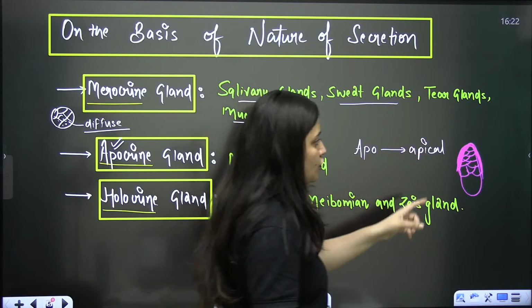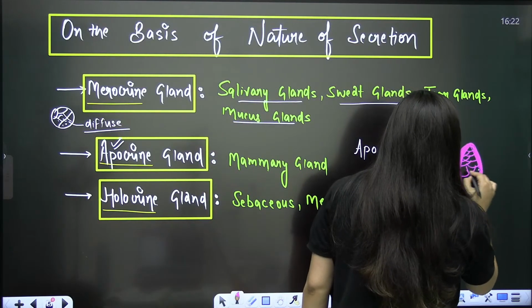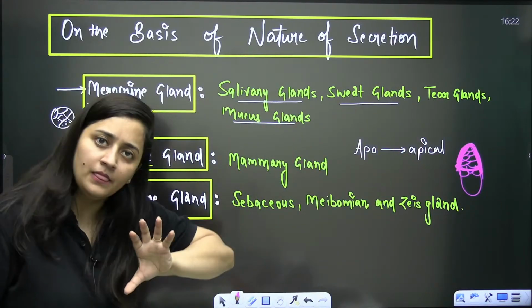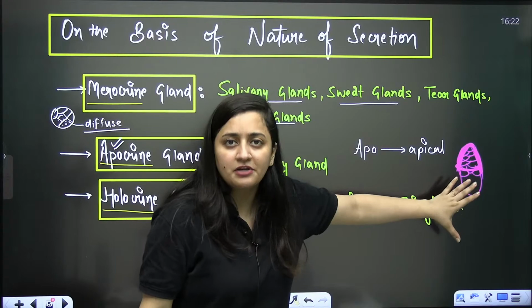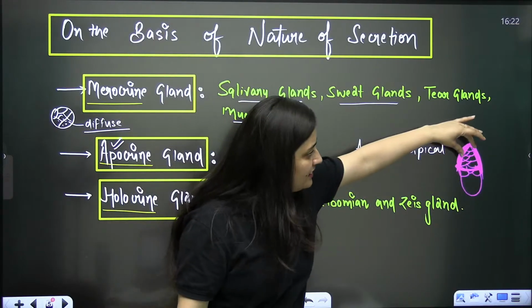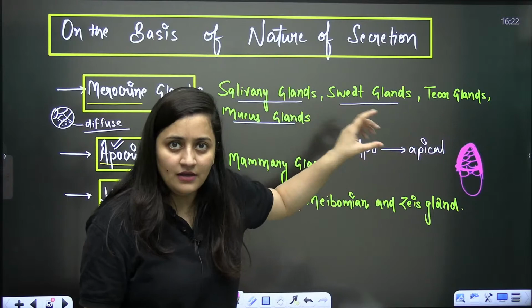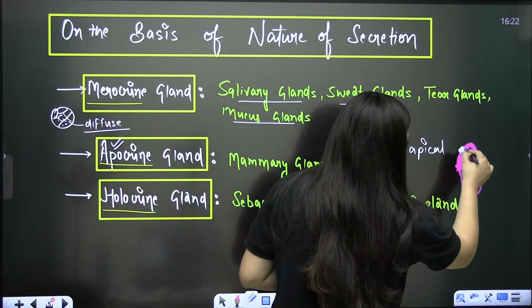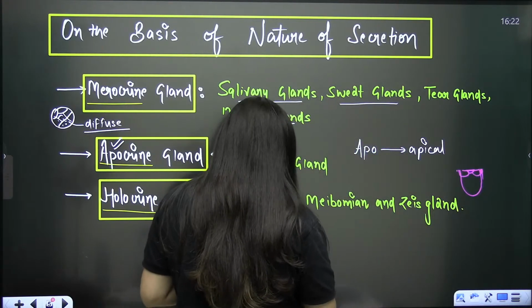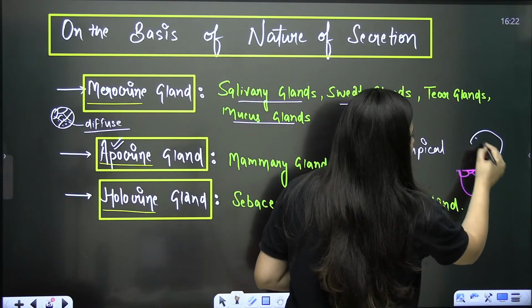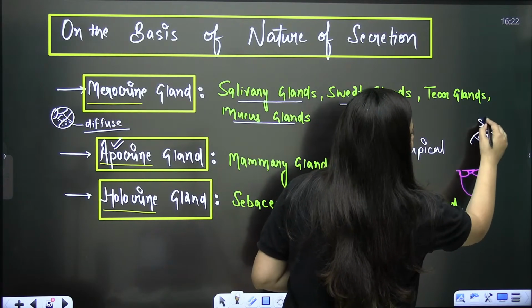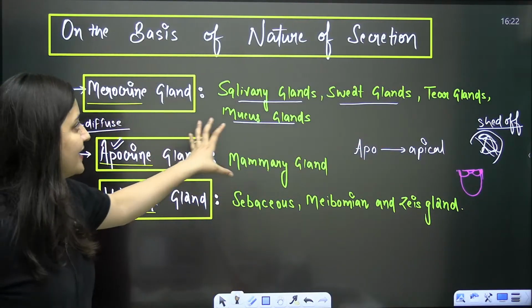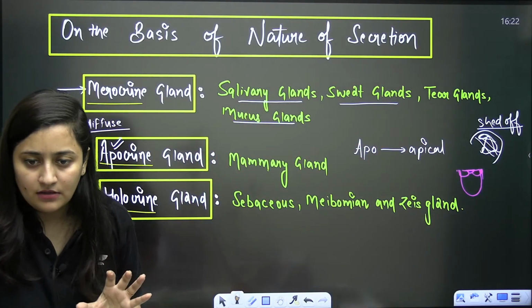All the secretory substance will get accumulated here, in the apical portion. Then this apical portion, holding that particular chemical substance, will shed off. That is how, in the case of the apocrine gland, they secrete their chemical substances.